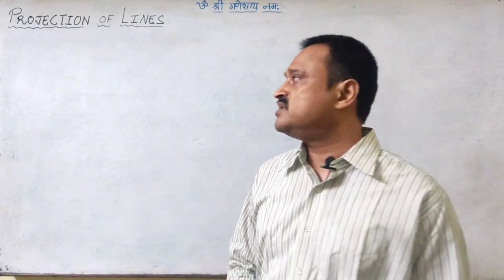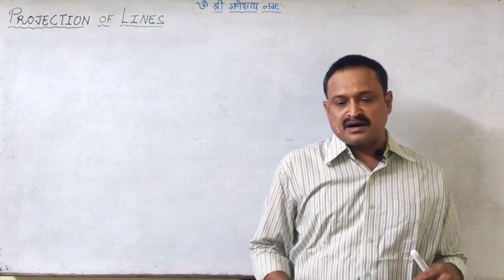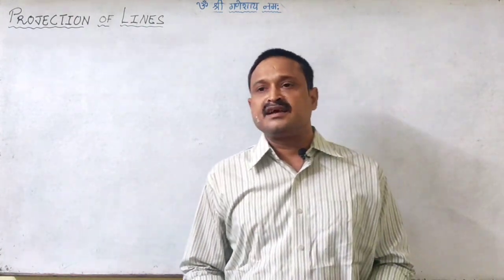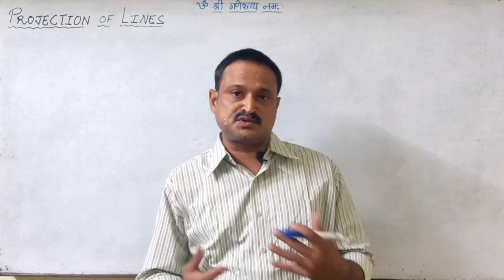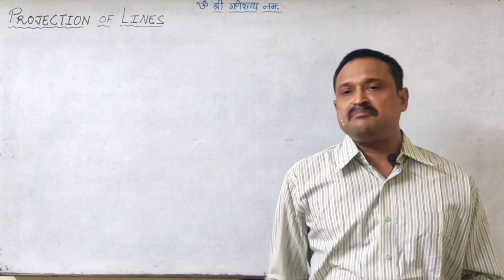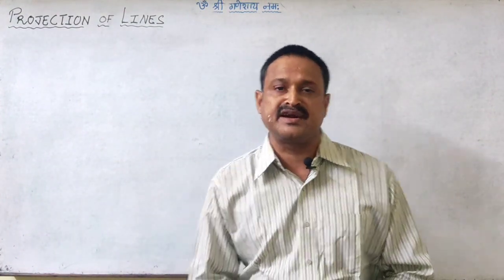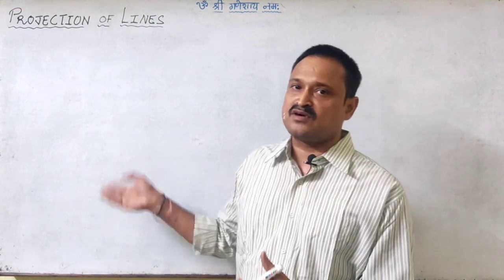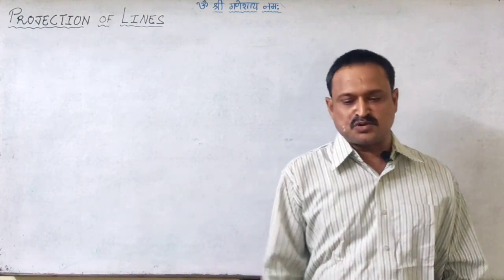That is how we will try to understand them as cases. Any given condition can be said to be a combination of all these cases, or if a given condition of a line is given to me in the quadrant, I will be taking help of all these situations or conditions of line to get the solution.